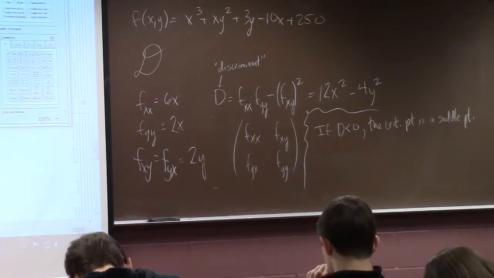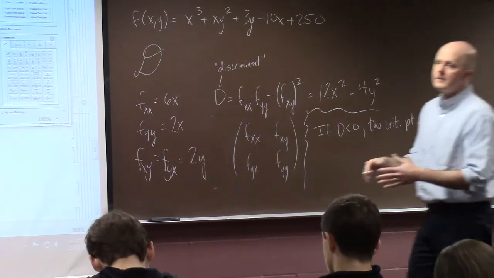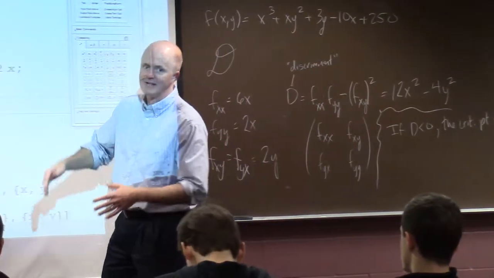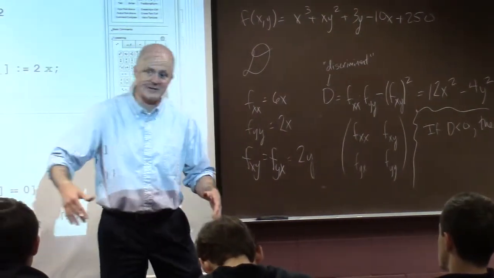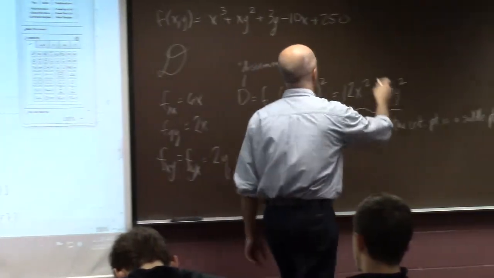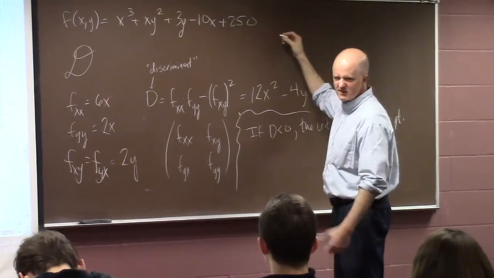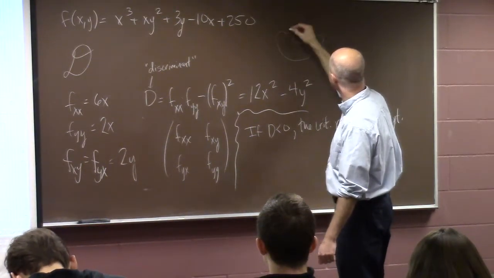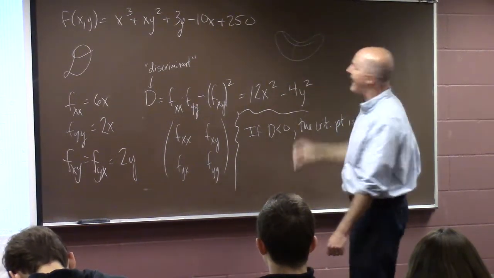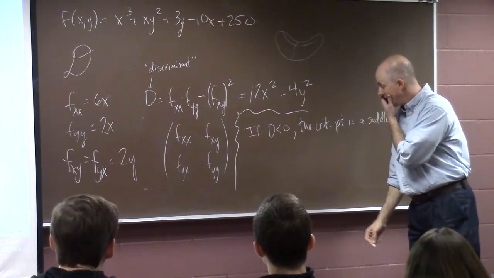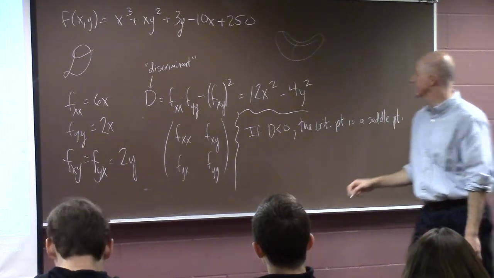So again, if you graph the surface in 3 dimensions and you sit on the saddle point, it's like you can sit in such a way that your legs go over the saddle. Another way to think of it is it looks sort of like a Pringles chip. The shape of the graph in higher dimensions looks like that. That's what it looks like at a saddle point. So that's what's going to happen if d is less than 0.